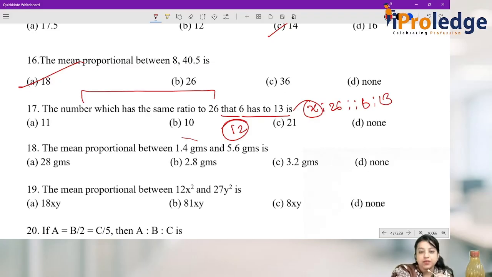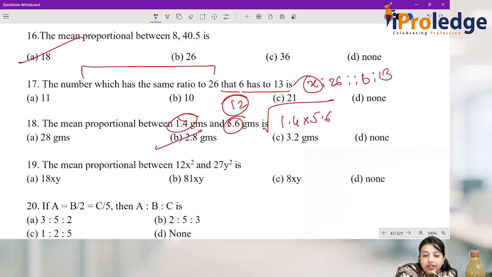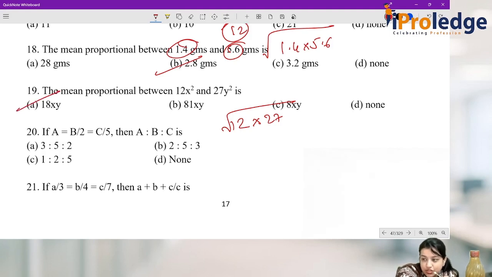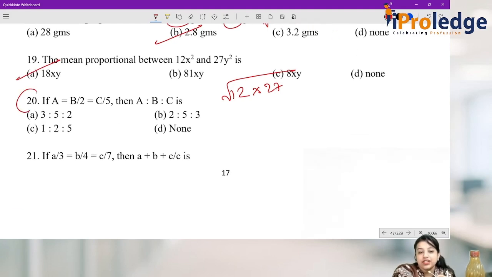Okay, mean proportion, 1.4 into 5.6 square root, 2.8. Mean proportion 12 into 27 square root. Now for the 20th one, what is the value of A? What is the value of B? What is the value of C? 5. So it is 1 is to 2 is to 5.